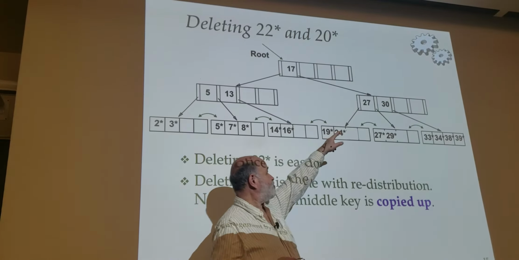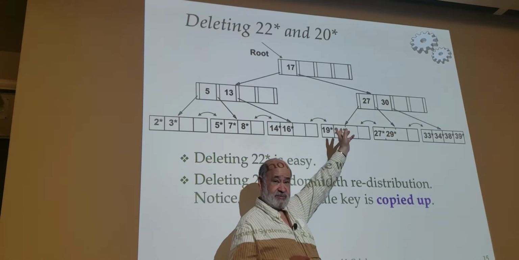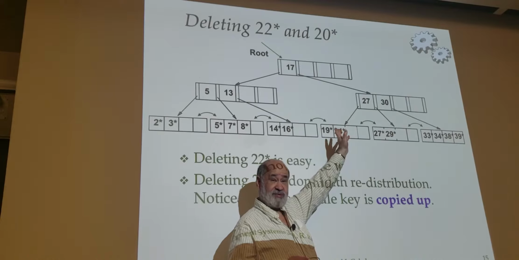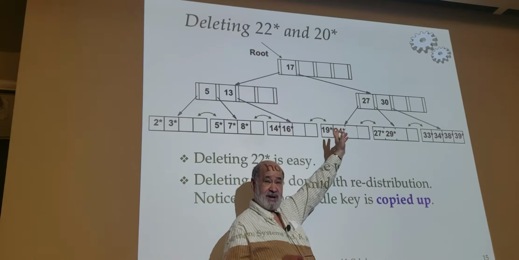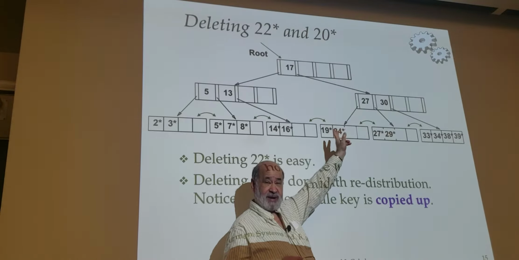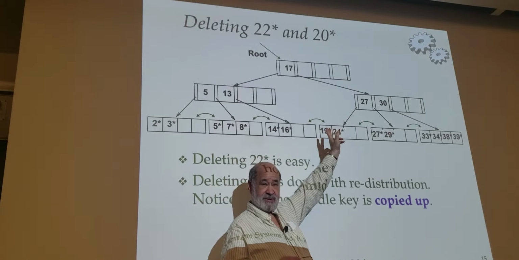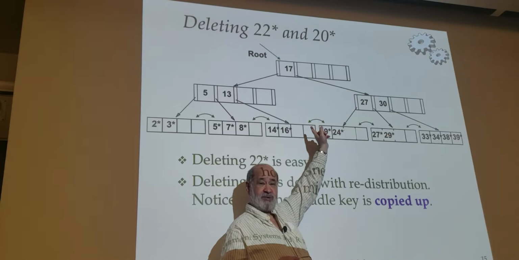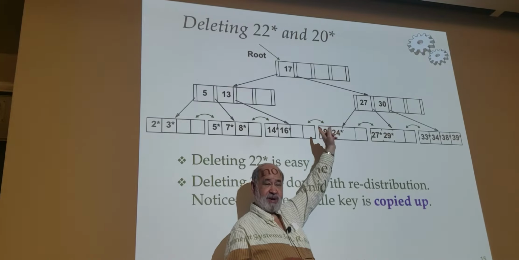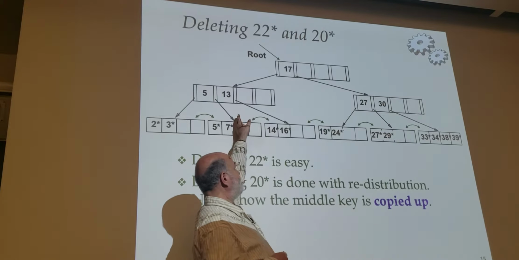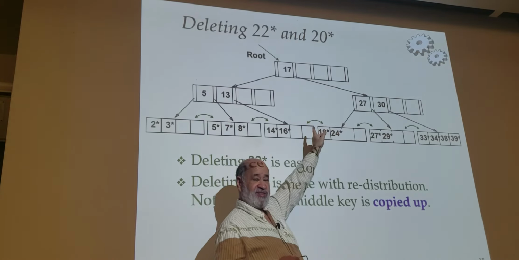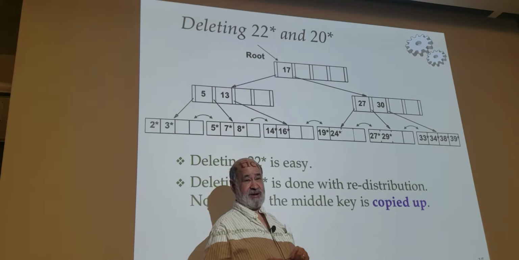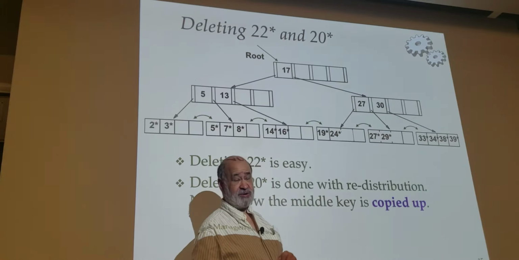You've got D minus 1 things over there, because again, we went down below D when we got rid of the 27. And ordinarily, we'd be able to propagate up, but in this case, we can reduce the number of levels by 1 by taking the 2 things here, the 1 thing there, and the 1 thing there. D plus D minus 1 plus 1 is still less than or equal to 2D.